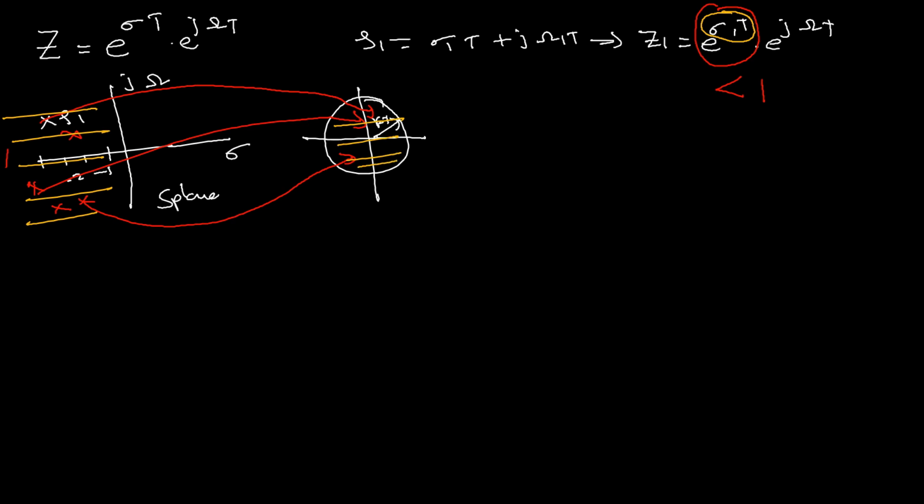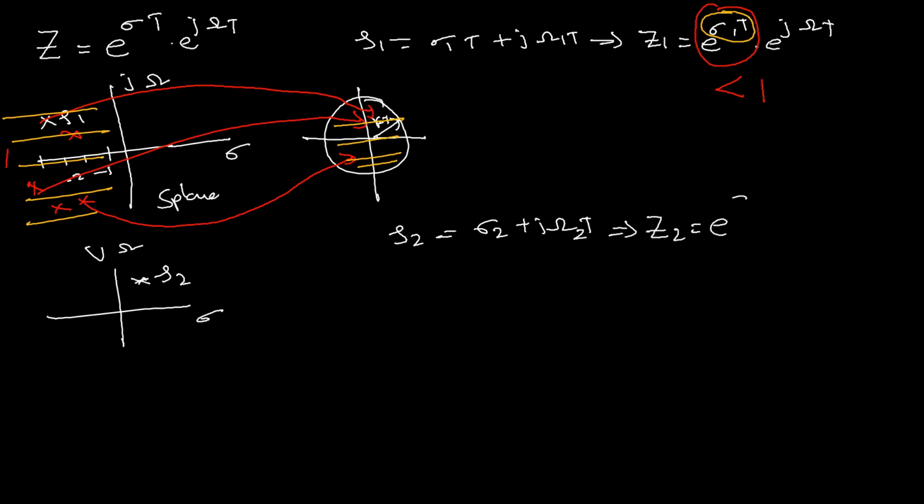Now in the second case, assume you have a pole S2 in the right half of your S plane. So what is S2 now? S2 is sigma 2 plus j omega 2 T. The corresponding Z2 is e power sigma 2 T into e power j omega 2 T. Once again, if you observe the sigma 2 value for any pole in the right-hand side, the value is always positive.